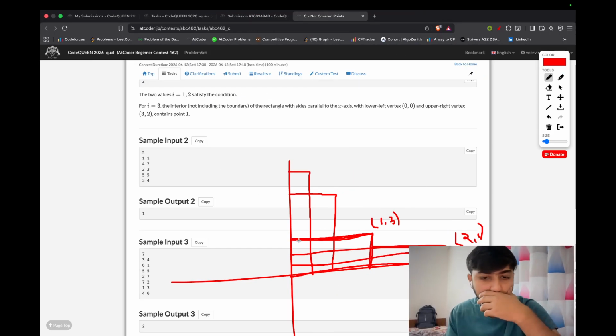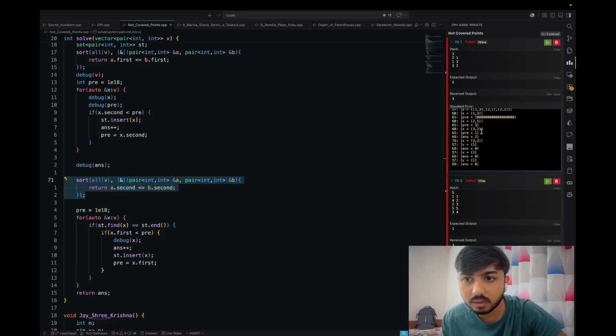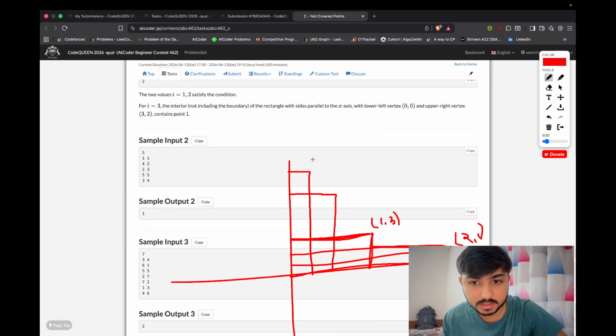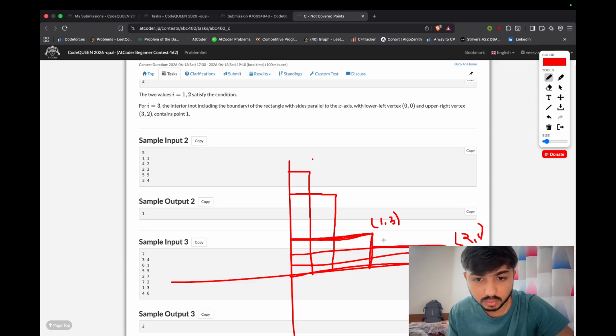Oh, I have to keep track of. Wait, I will see. This and this we have taken, okay? Then we have 3 comma 2. X is 2 means this. X is 2 and this is this. This is not feasible, right? Okay.